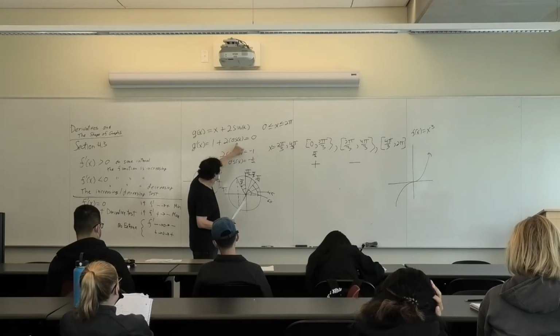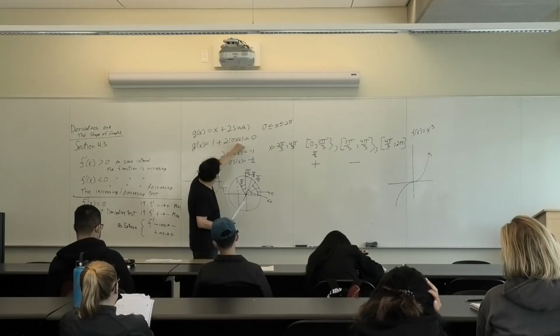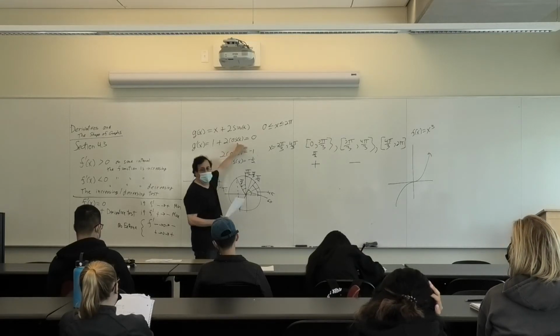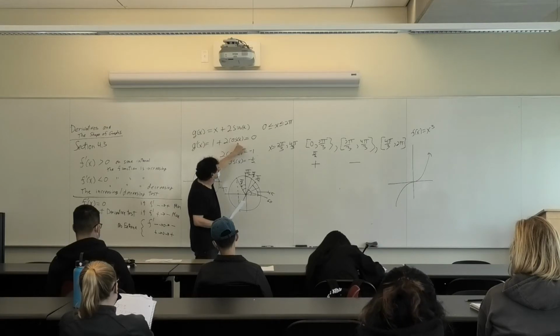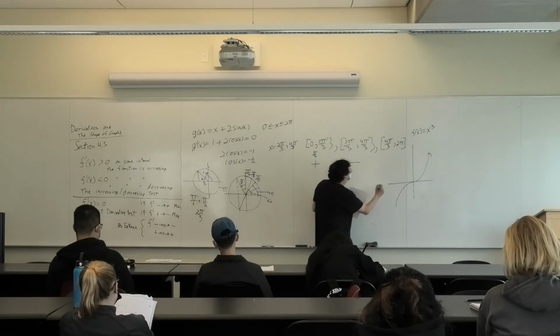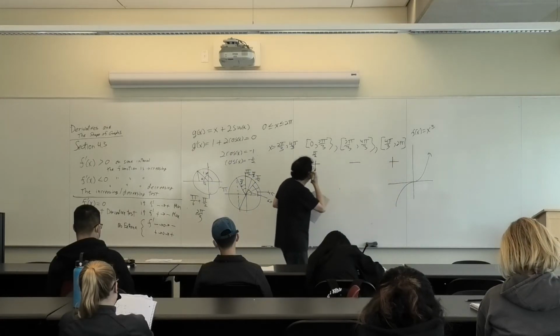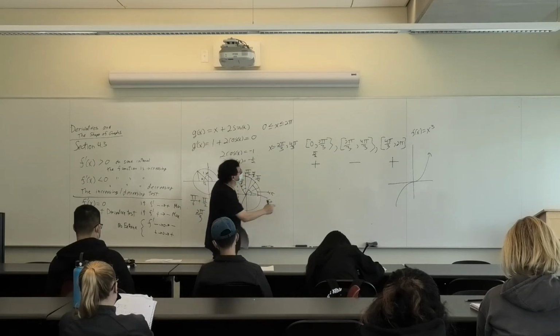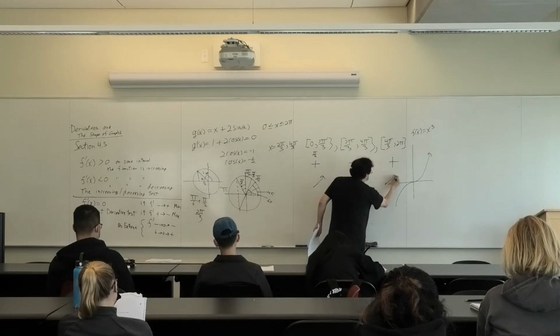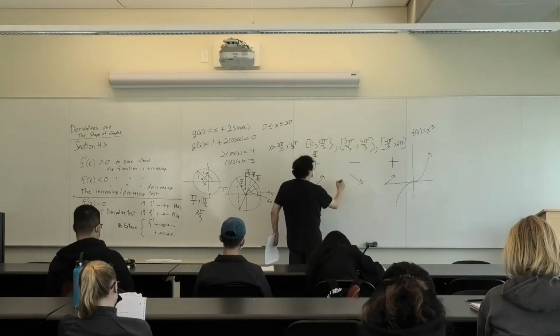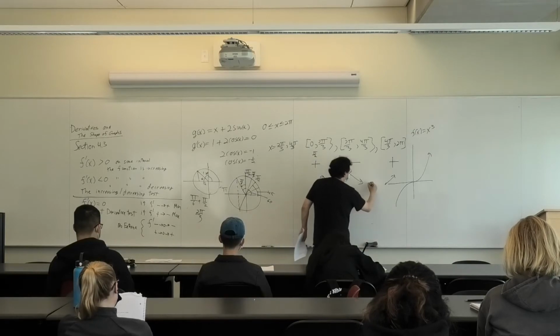That's the cosine of 3 pi over 2, zero. Right? So this is again positive. So we know the function is increasing here, and increasing here.